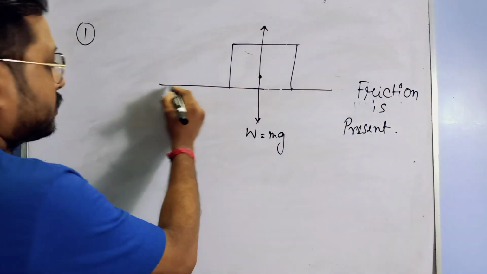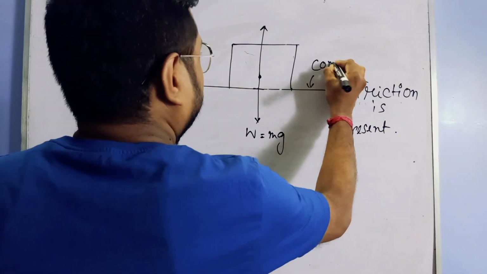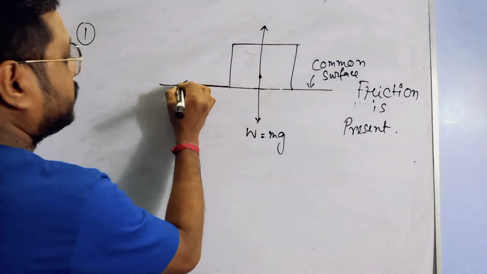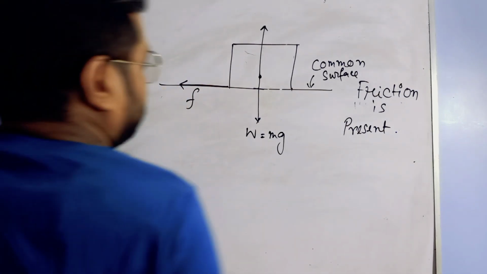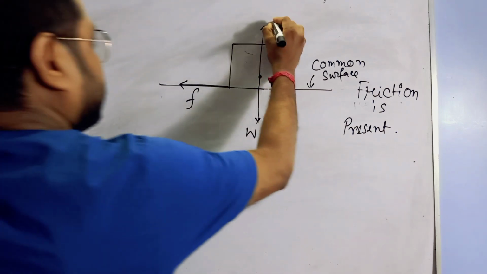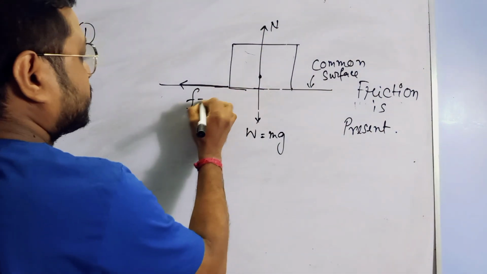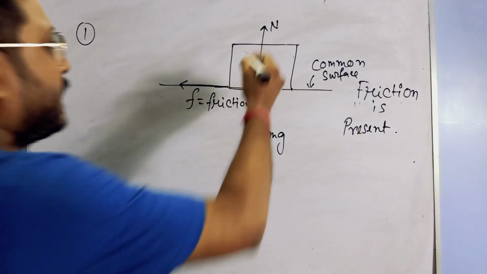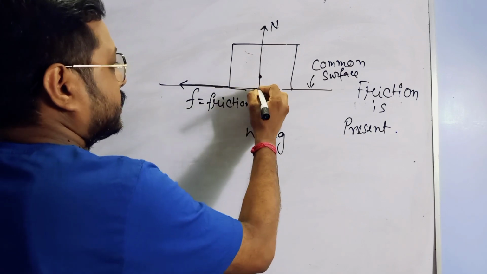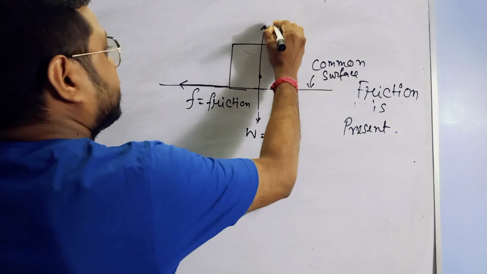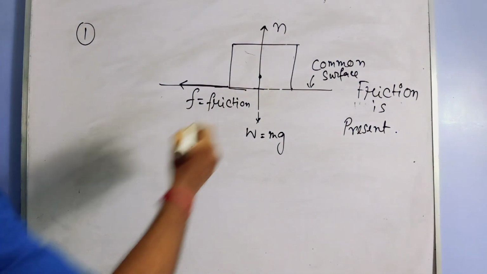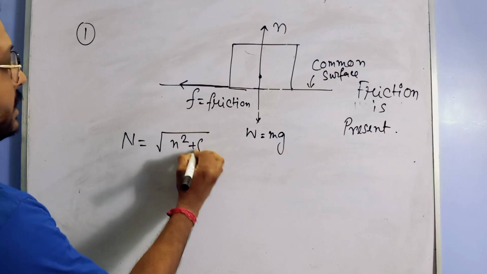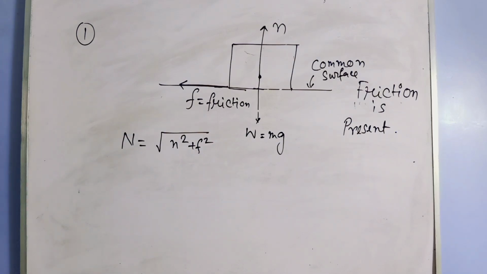One is perpendicular to the common surface, and one is parallel to the common surface. This force is known as frictional force. Friction and normal reaction must be perpendicular to each other. So if the normal reaction is small n, the total contact force N must equal the square root of n square plus f square.